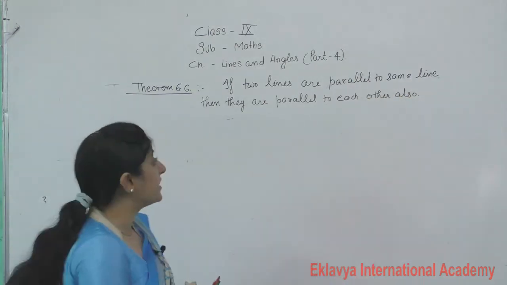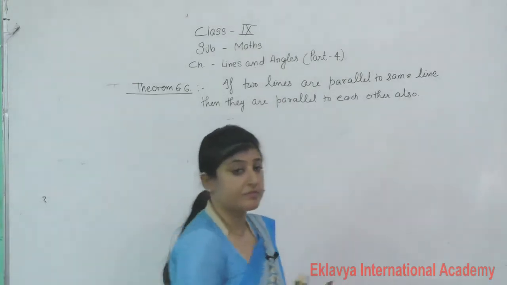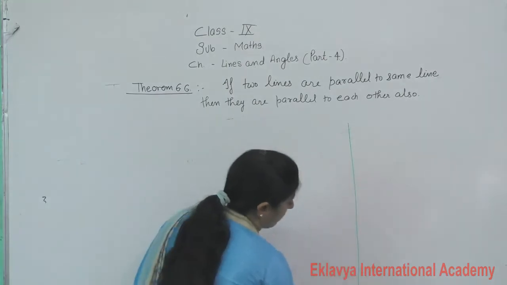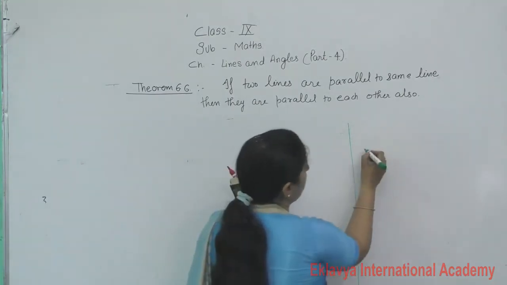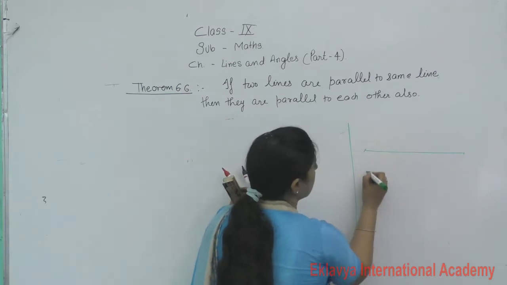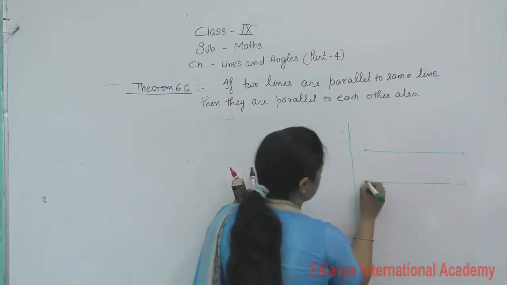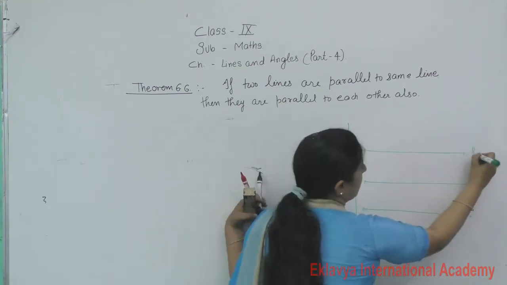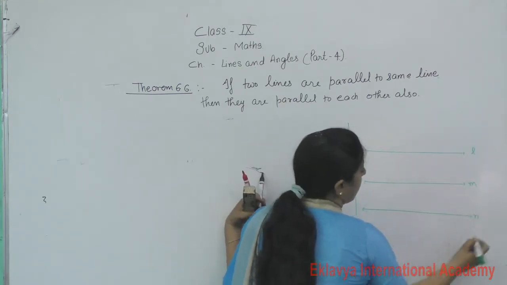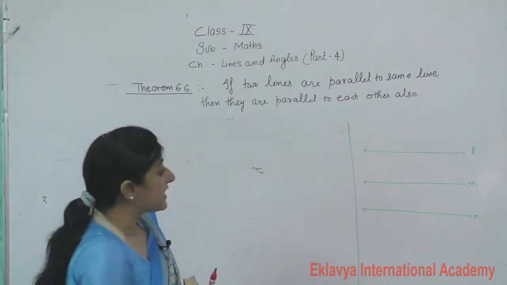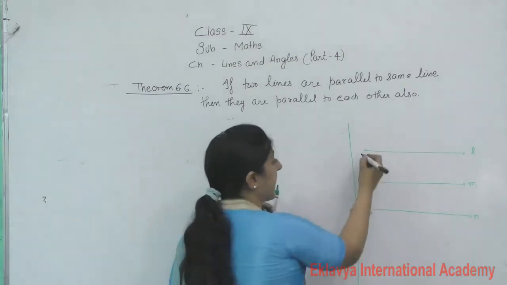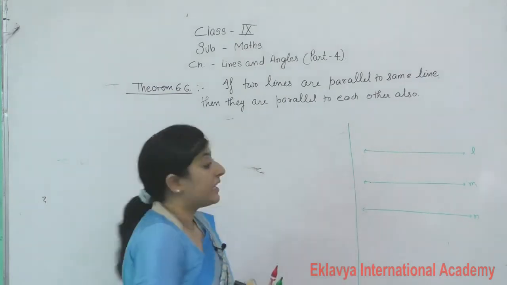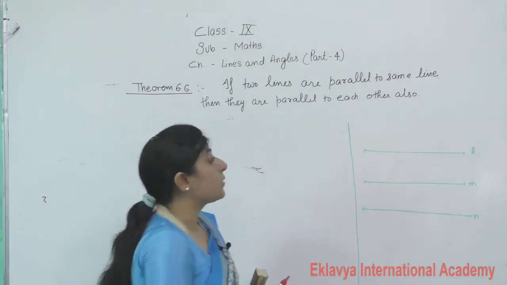What is the meaning of this theorem? See, I take three lines here, L, M, N. If two lines are parallel to same line, I take L parallel to M and M parallel to N. Then they are parallel to each other also.